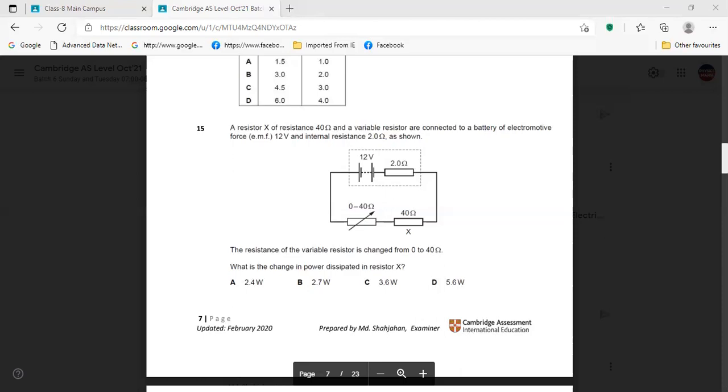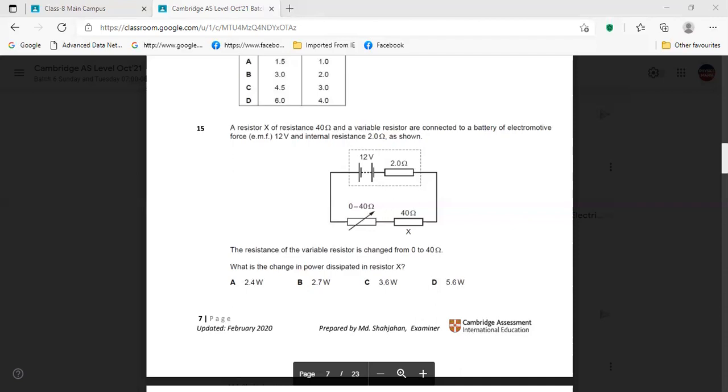The formula of power dissipation is V squared by R. Very good. So you write here the formula: power dissipation equals V squared by R.